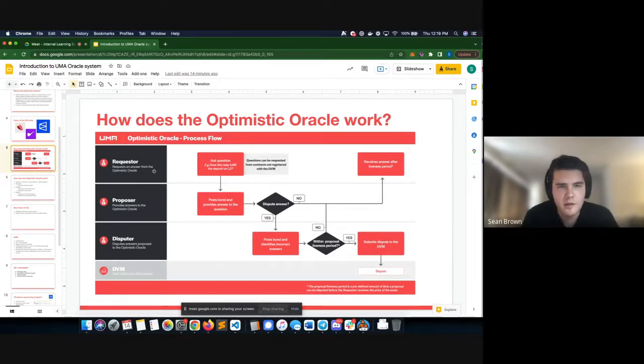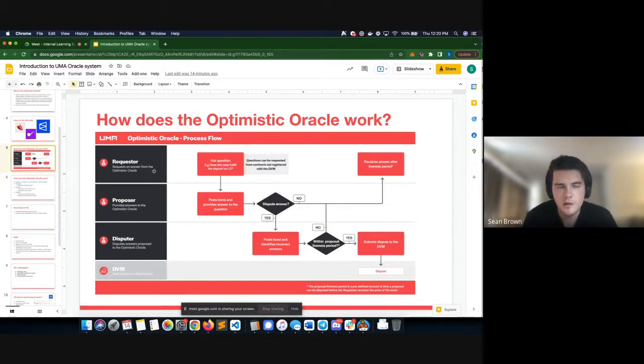But yeah, things get kicked off with a price request, somebody asking a question. And because there's that UMIP, UMIPs are not kind of law, right? But because they're defined, it's the most obvious way that people should answer these questions.